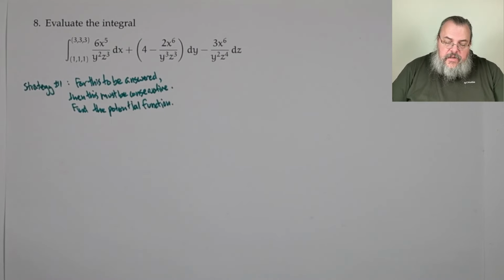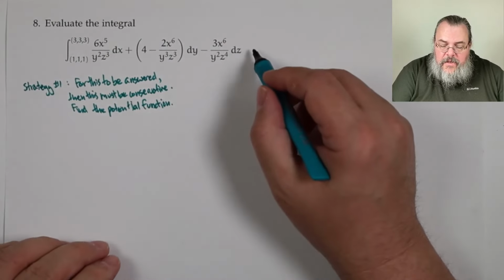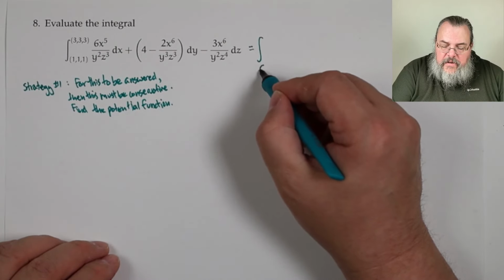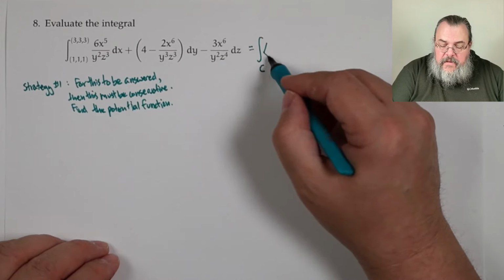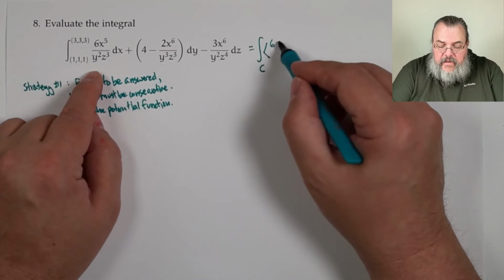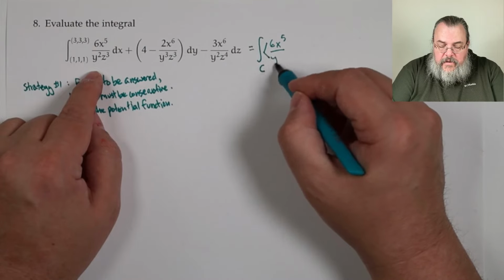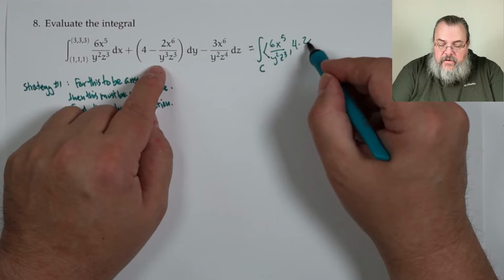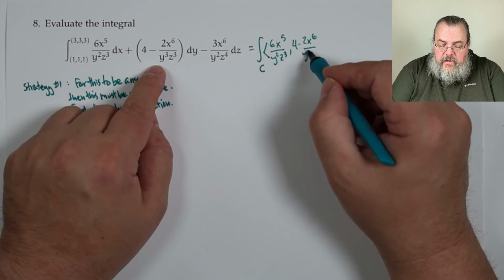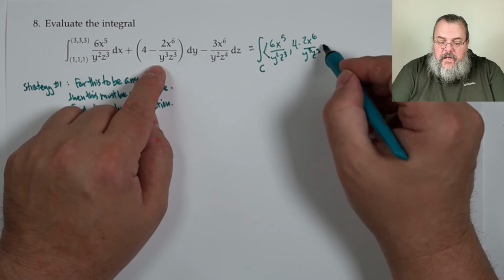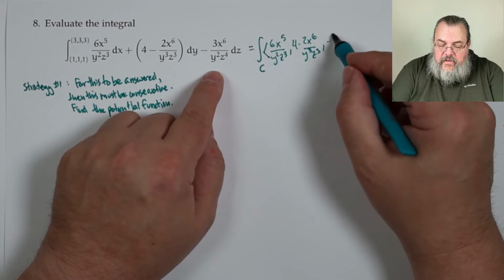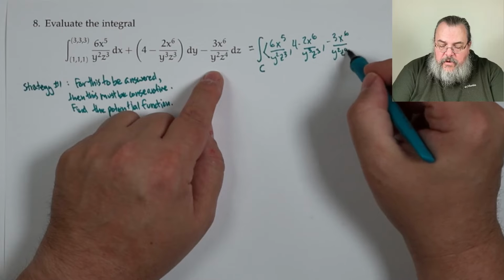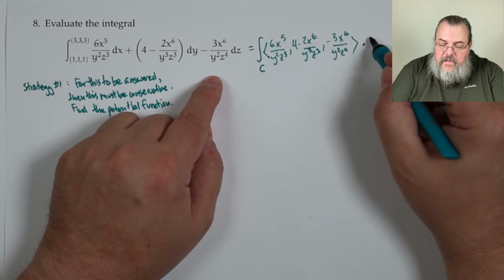In particular, we can think of this as the integral along a curve C of, and I'm just going to group things together, 6x to the 5th y squared z cubed, comma, 4 minus 2x to the 6th over y cubed z cubed, comma, and minus 3x to the 6th over y squared z to the 4th, dot dr.